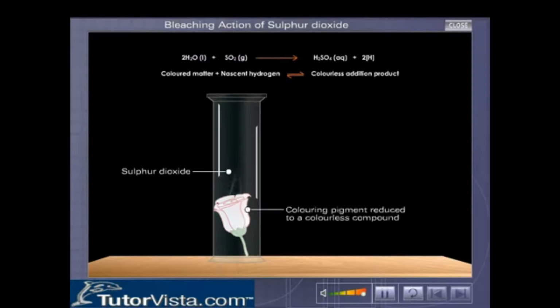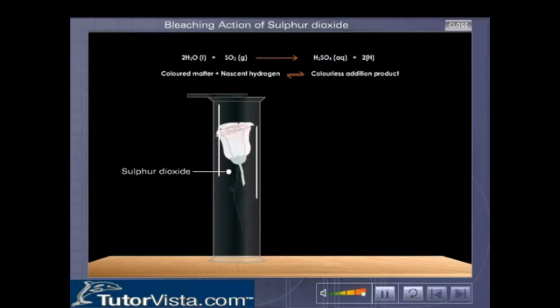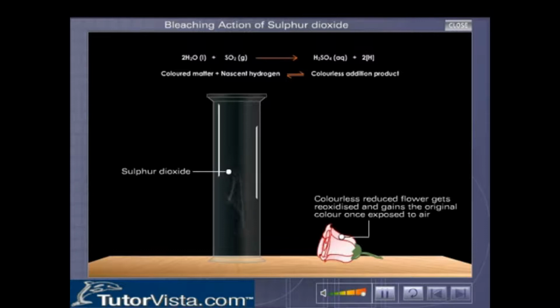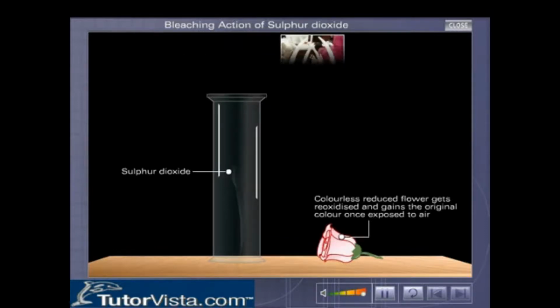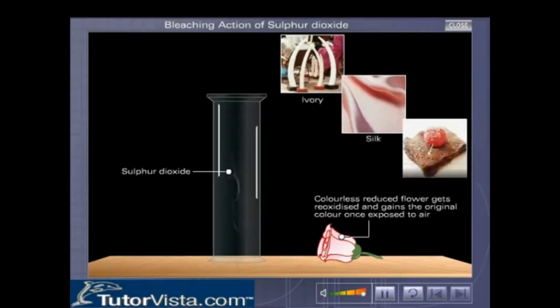The coloring pigment on exposure to sulfur dioxide gets reduced to a colorless compound. On standing in air, the colorless reduced product is reoxidized and gains the original color. Bleaching with sulfur dioxide is therefore of temporary nature. It is generally used for bleaching delicate articles like ivory, silk, wool, etc.